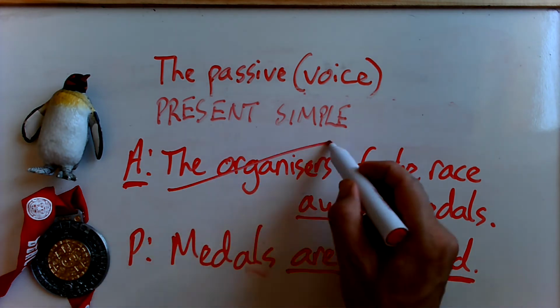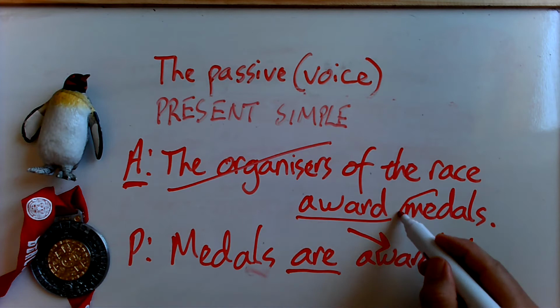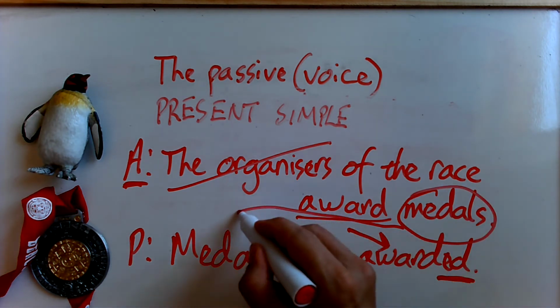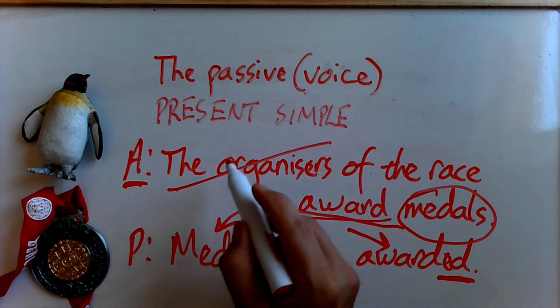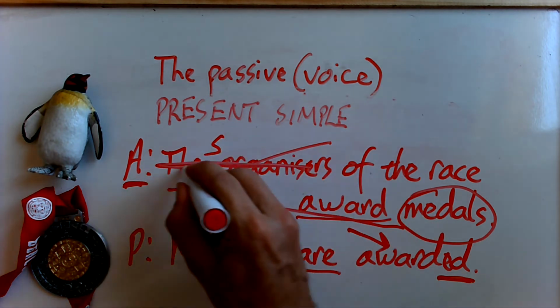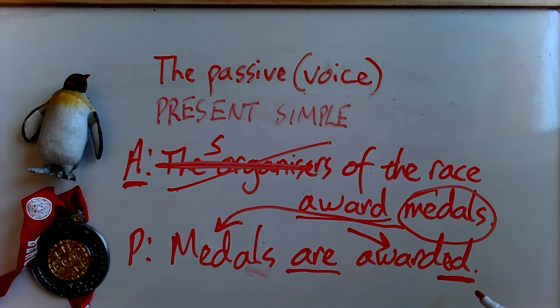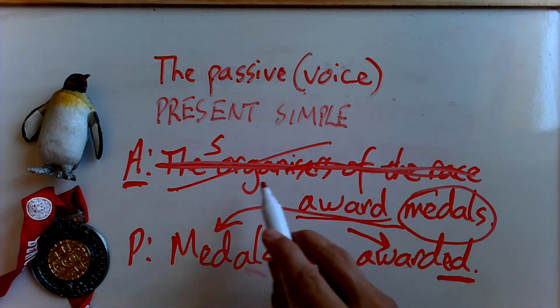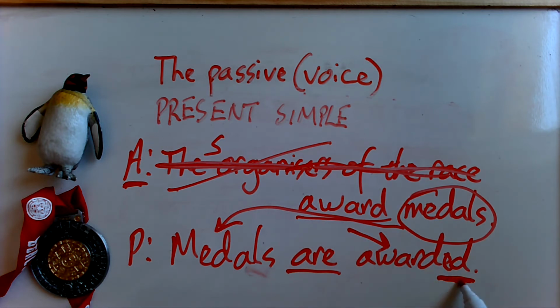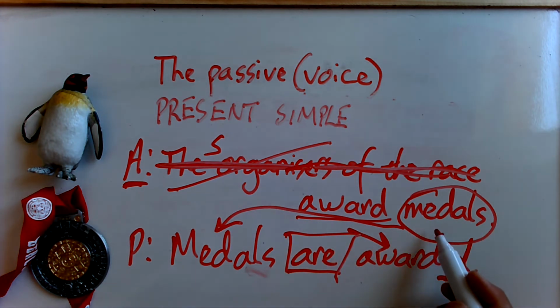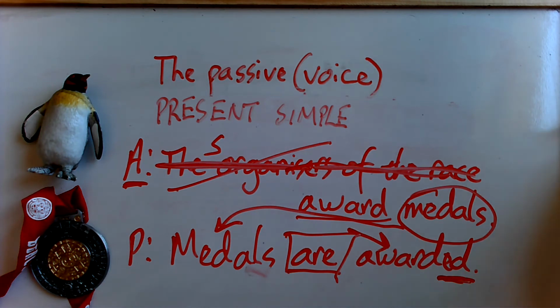The organizers disappear and the medals move to the beginning of the sentence. So the subject disappears. The organizers of the race award moves to the end and becomes the past participle, and the form of the verb to be in the middle is "are". And the medals, the original object, is at the beginning of the sentence.